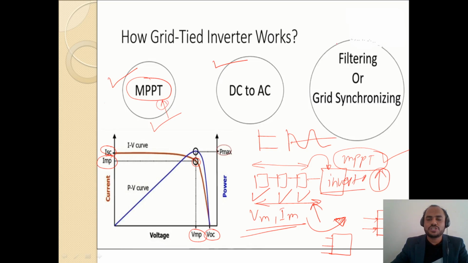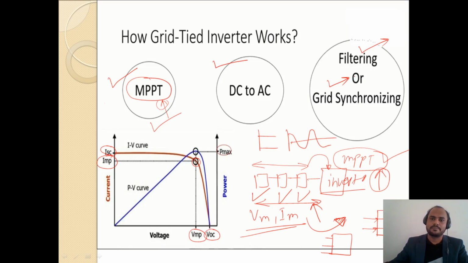Then the very important function the grid tie string inverter does is the filtering process, and again the grid synchronizing process. So basically whenever we are connecting the solar inverter with the grid, we call it an on grid tie inverter system or on grid solar system.